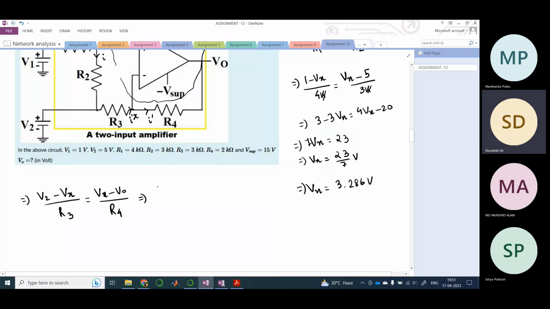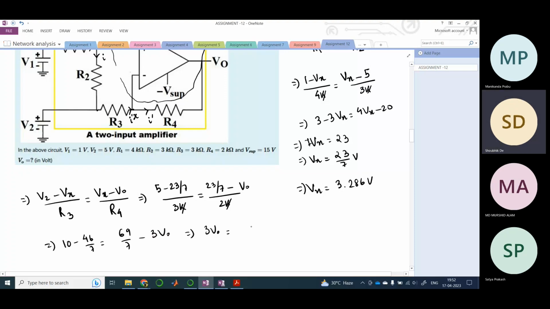So this is 5 minus 23 by 7 divided by 3k is equal to 23 by 7 minus V0 divided by 2k. So this is 10 minus 46 by 7, that is 23 into 2, equals 69 by 7 minus 3V0.